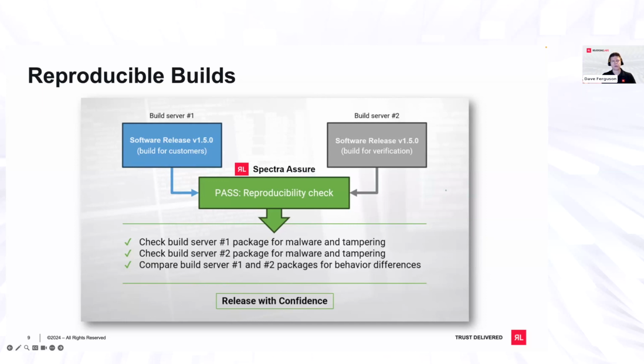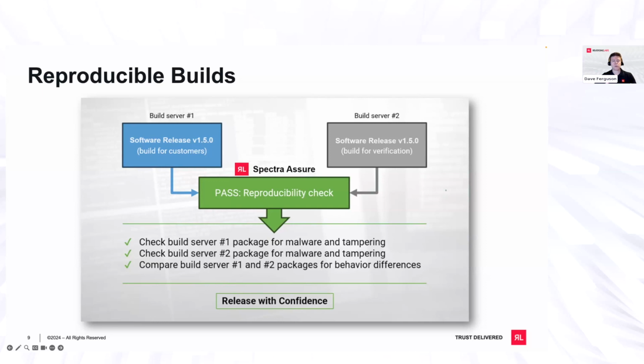So you build your software twice in these two separate environments, and you do a check at the end to see if the software is identical, and it should be. But if there was tampering, say a threat actor had infiltrated one of your build systems, then that reproducibility check will not pass.